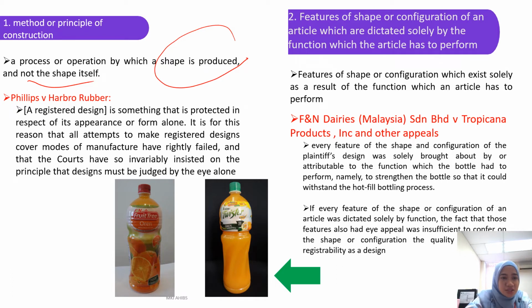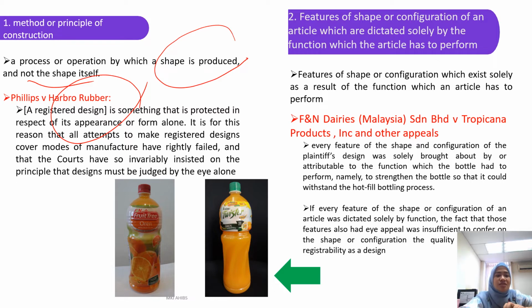In the case of Phillips and Harbro Rubber, the court held that a registered design is something that is protected in respect of its appearance. We have to go back to the basic principles of ID, that it is protecting the outer appearance. Kita judge dia punya outer appearance. So if we allow the method or principle of construction to be protected under ID, how are we going to judge this appearance? So that's why it cannot be protected under ID.